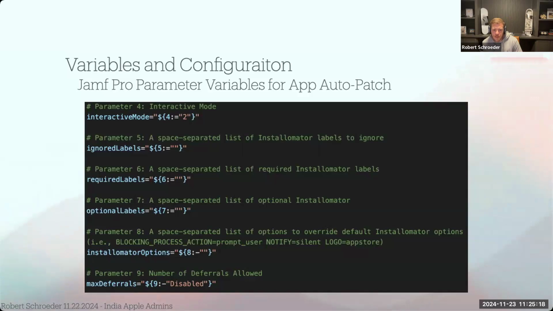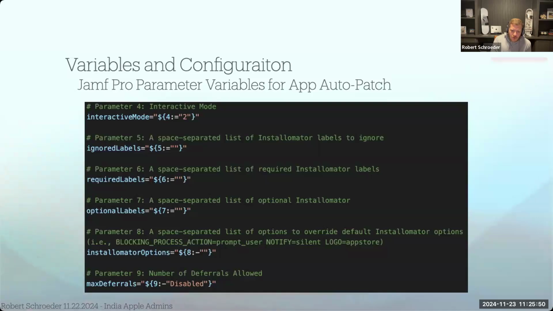Parameters 5, 6, and 7 are for the Installomator label categories. So there's the ignored labels in parameter 5, required labels in parameter 6, and optional labels in parameter 7. And these are all space separated, right? So you can go through your apps and just add them in a really long string in there, space separated.